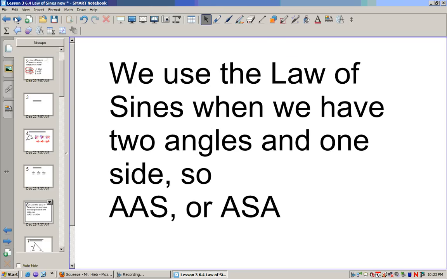They're equivalent. Now we use the law of sines when we have two angles and one side, so AAS or ASA.